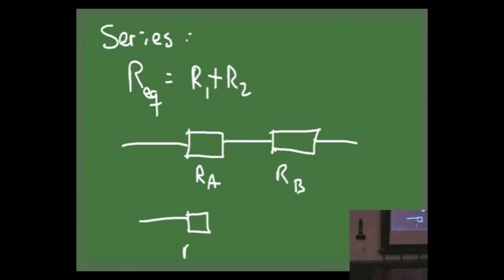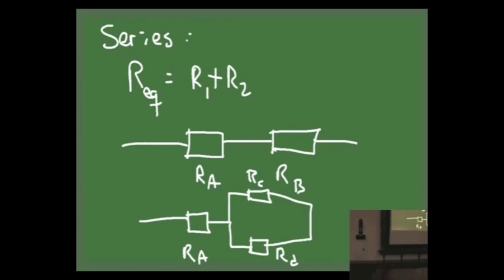You might have some resistor RA here, and then there is stuff in between them, C and D, but then RB is back here, right? Whatever current you have flowing through A will have to also go through B. Even though they're not right next to each other, you can still consider them in series because of the condition about the current. If it goes through A, it has to go through B.